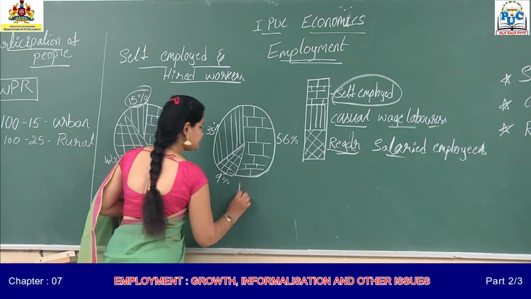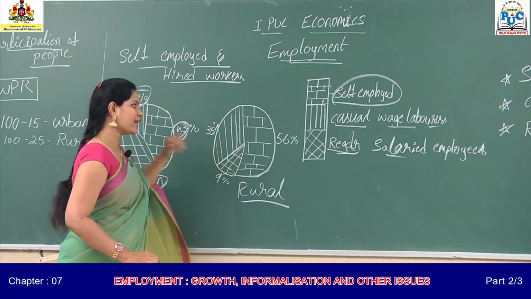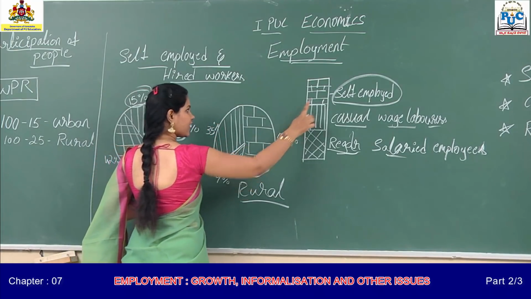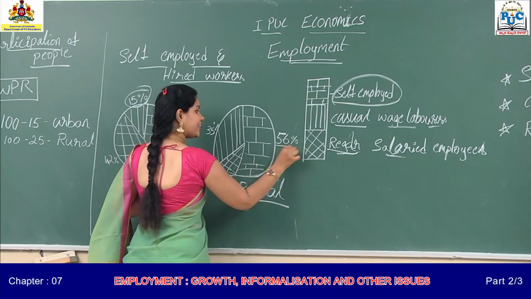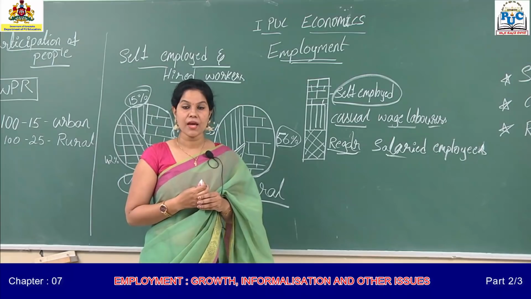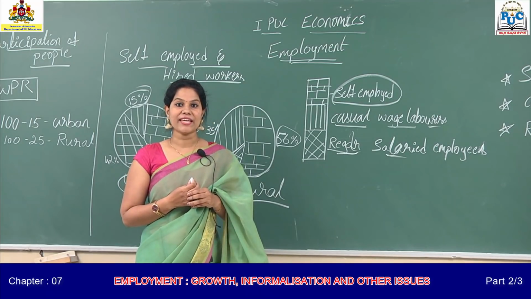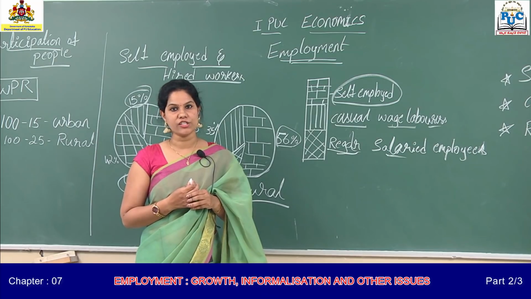The second diagram belongs to the rural area. When it comes to the rural area, you can see this design which resembles here. 56% of the population are self-employed. Why are 56% of the population self-employed? Because they are dependent on agriculture.